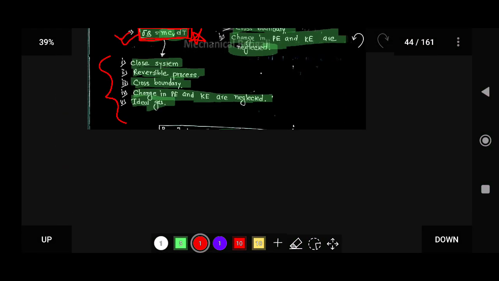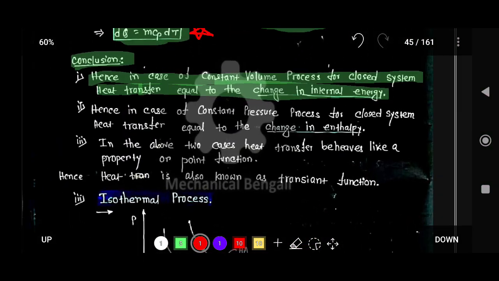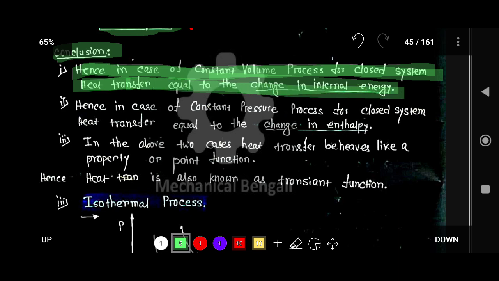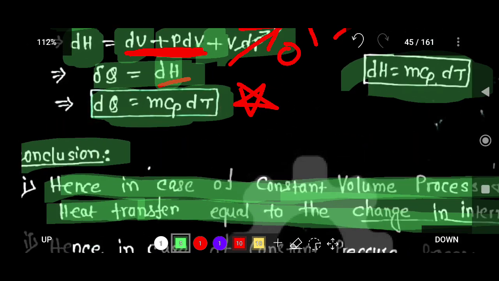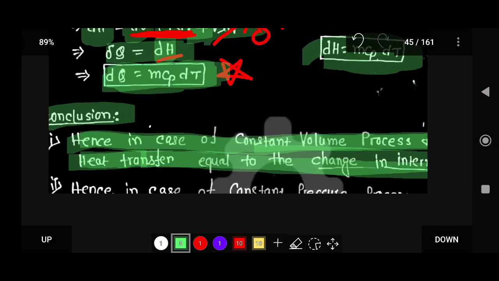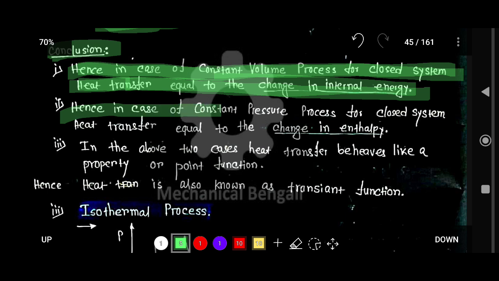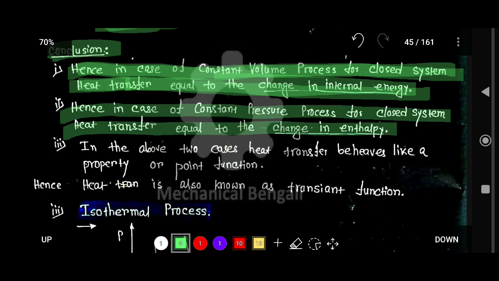So basically what is given is heat transfer. In case of a constant volume process for a closed system, heat transfer is equal to the change in internal energy. And in the second case, del q is equal to m cp dt. Hence, in case of a constant pressure process for a closed system, heat transfer is equal to the change in enthalpy.